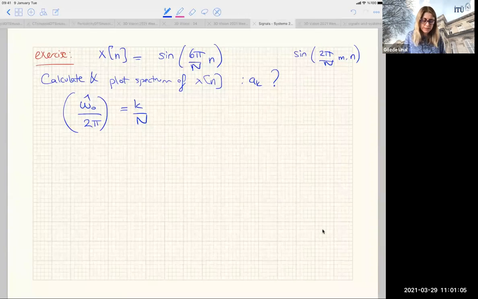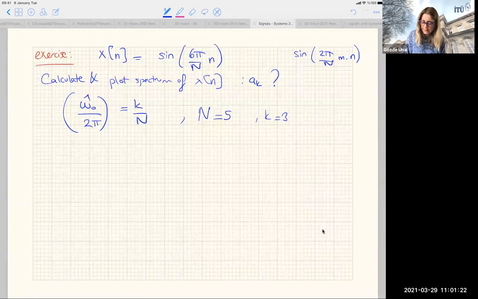I think before the break, we were left with this example. And this is an exercise, but so you don't get too confused, you see it was 6 pi over N, but it's 2 pi over N, k n type. So really N is 5. You can think of k as 3.